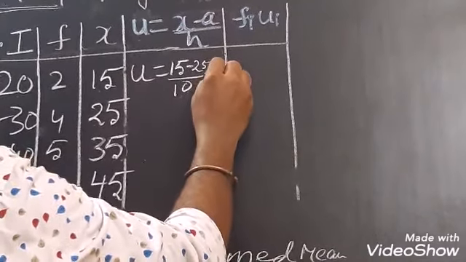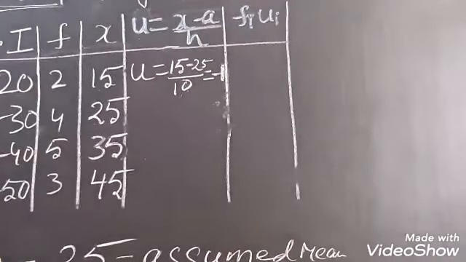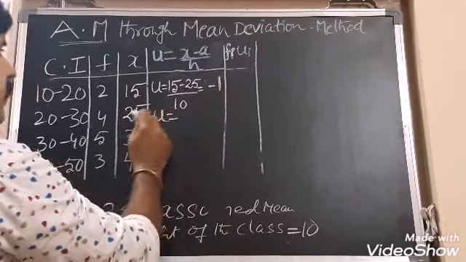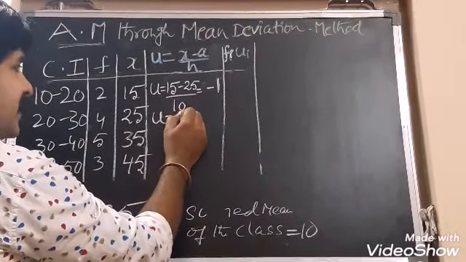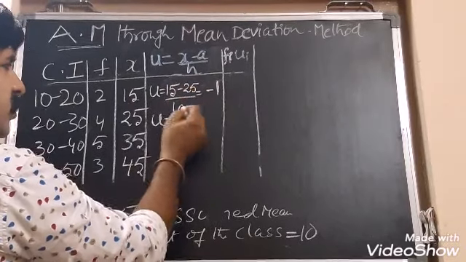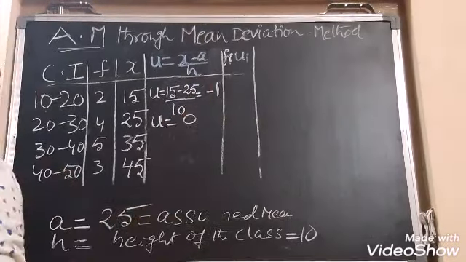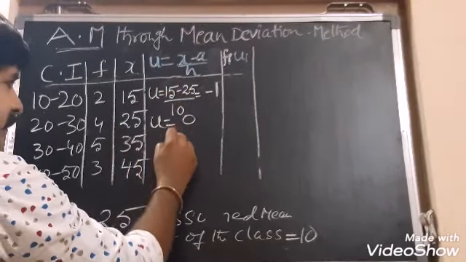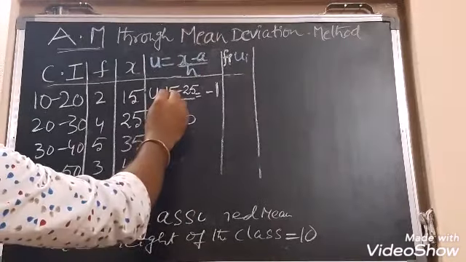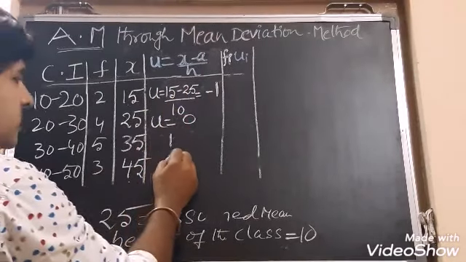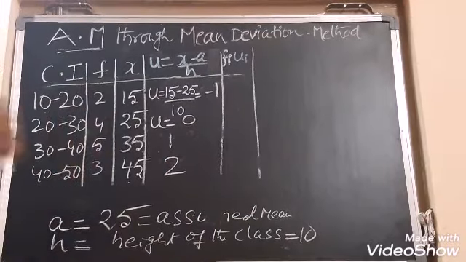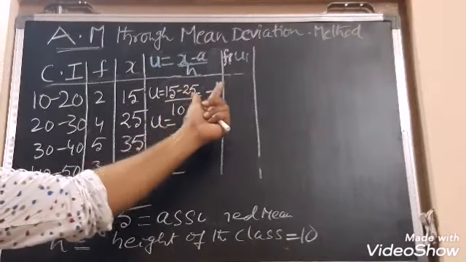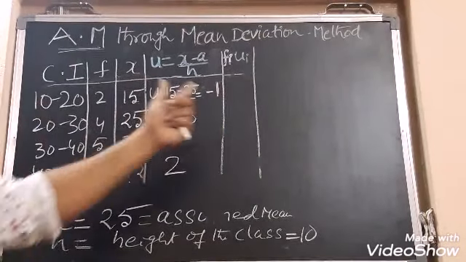Is it clear? Next, mid value 25 minus 25 by 10, that is 0. So u is 0 here. Here 35 minus 25, 10 by 10, 1. And 45 minus 25, 20 by 10, 2. So for u we arrived at the figures minus 1, 0, 1, 2. So the figures are very simplified.